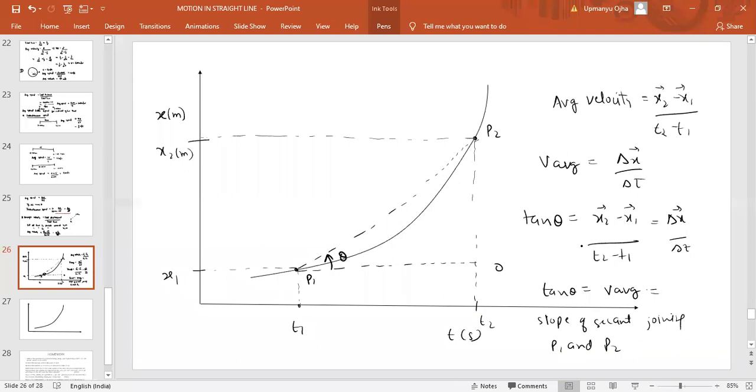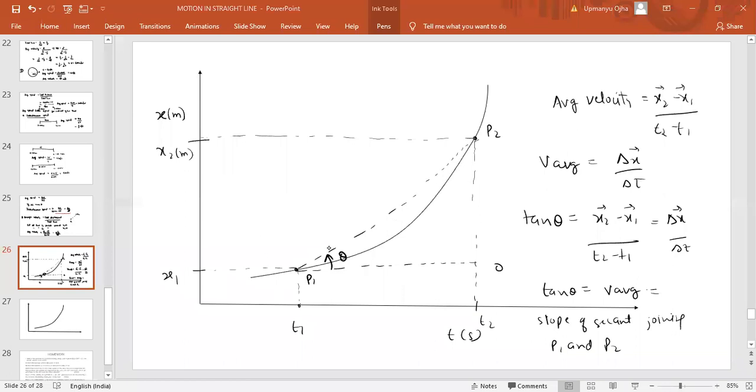Now again, the concept remains the same. The differentiation concept and integration concept remain the same. I told you this is the secant. Now if I keep on reducing the time interval, then P2 will come closer to the P1 point.